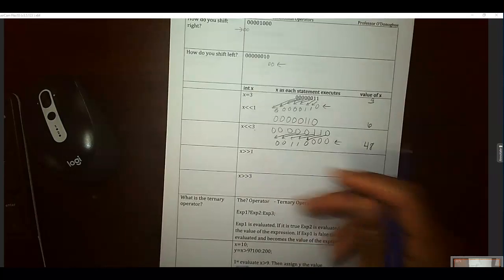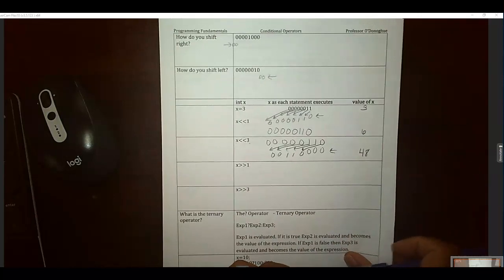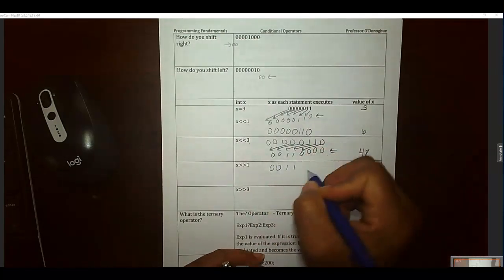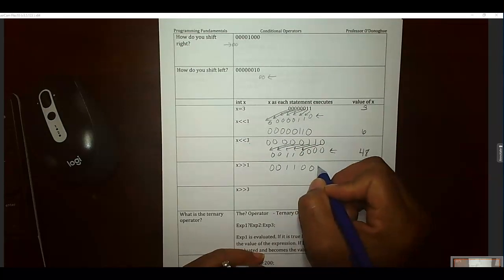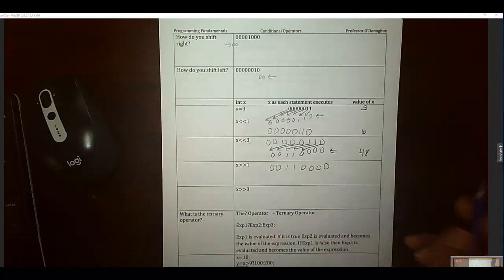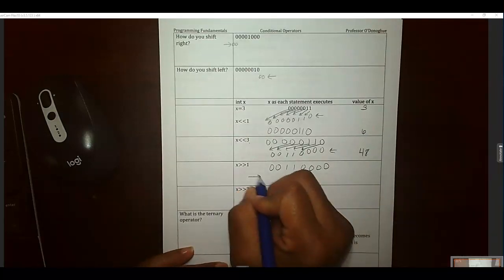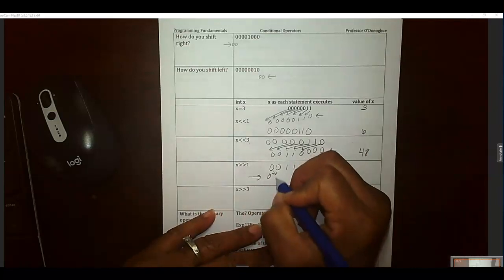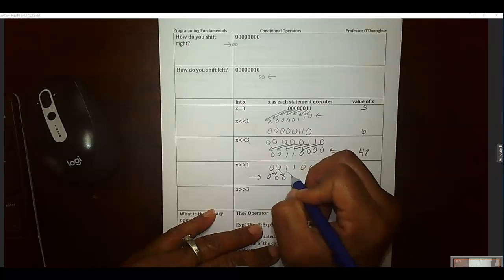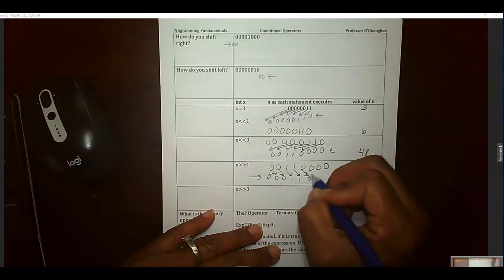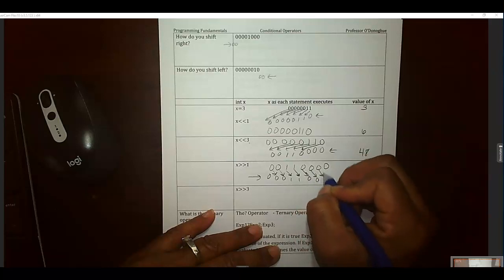All right, now let's shift to the right. We shifted to the left, let's shift to the right. So let's bring our number down. We're shifting to the right this time, so we're going to add in a 0, and then we're going to start shifting. 0, 0, 1, 1, 0, 0, 0.